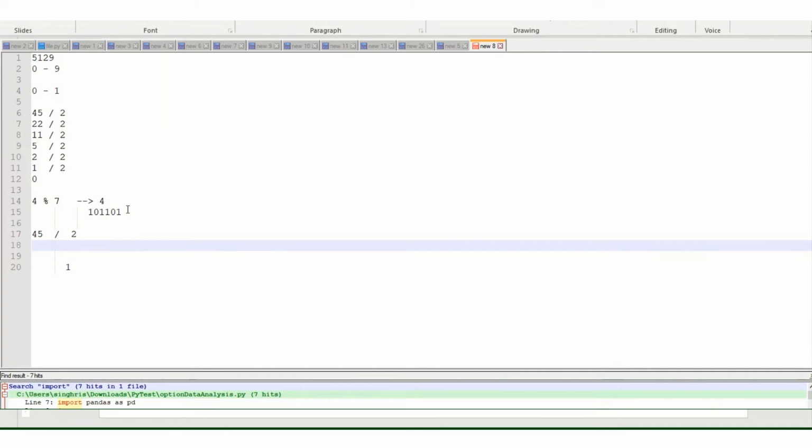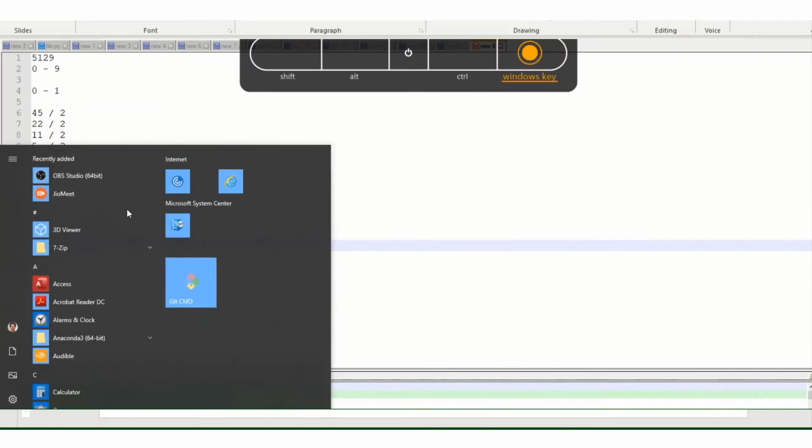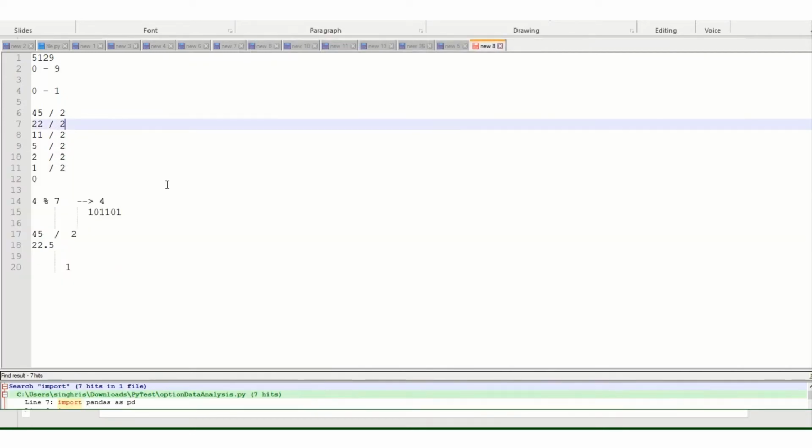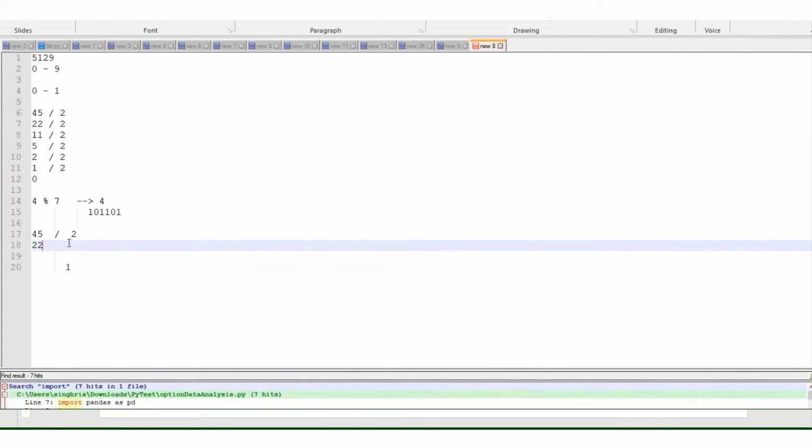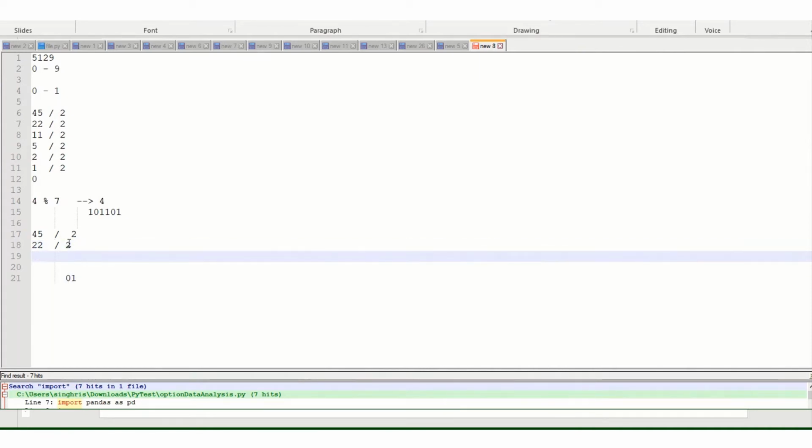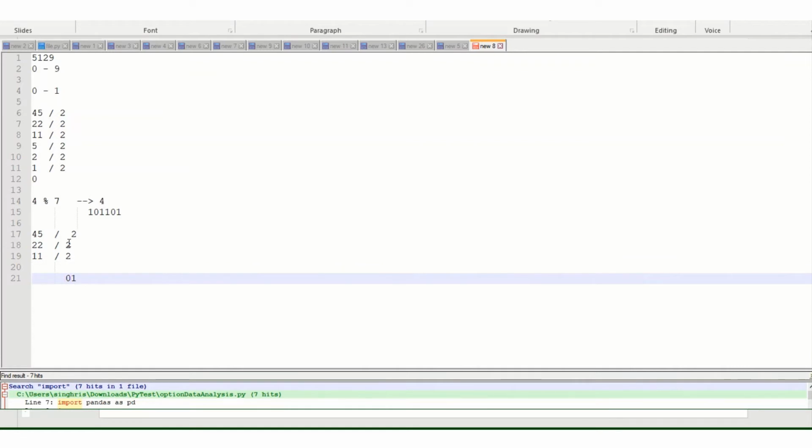If you divide this by 2, you will get 22.5. But you don't have to consider the fractional part. You can just use the whole number only. Again, because 22 is an even number, you write 0 here. Again, divide it by 2 and you will get 11, right? 11 is an odd number, so you write 1 here.